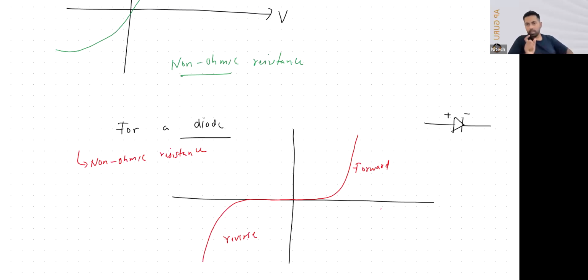The battery, right? If there is no battery, there is no current. So I can say that the battery is the main power source that runs the circuit. Until the battery is charged, you will be able to run the circuit. The moment the battery is discharged or you remove the battery, there is no current.